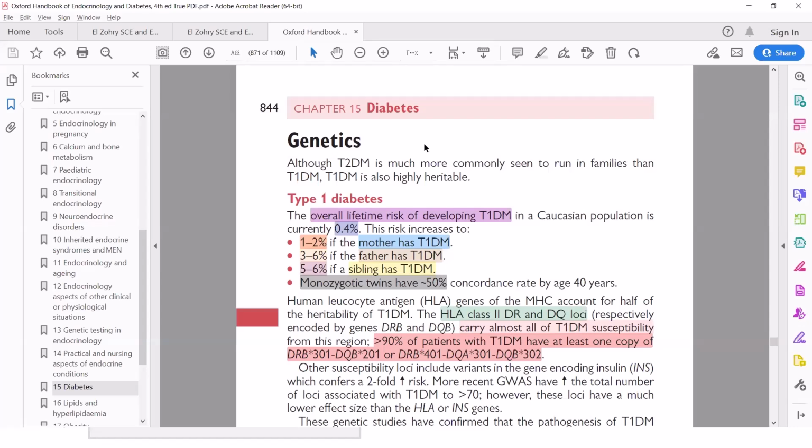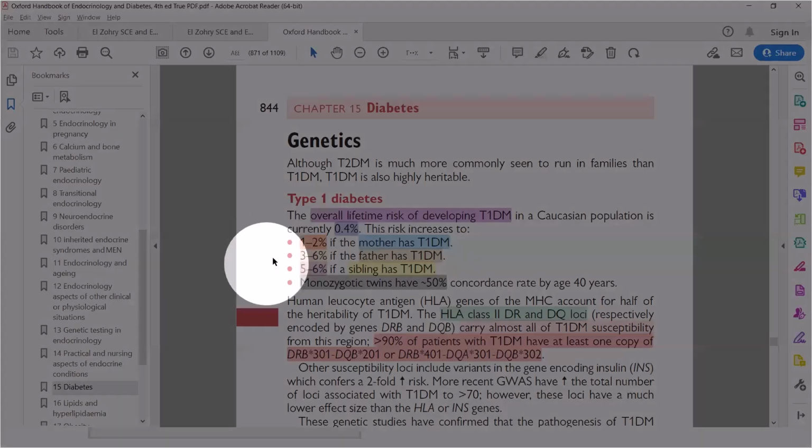For example, the genetics of type 1 diabetes is very, very important and very repeated. So you need to write beside here in this board, right here, this is a previous question, because they ask if the father has type 1 diabetes mellitus, what is the risk of inheritance for type 1? And also they ask another question related to the mother having type 1 diabetes and ask about the inheritance of type 1 for the offspring.